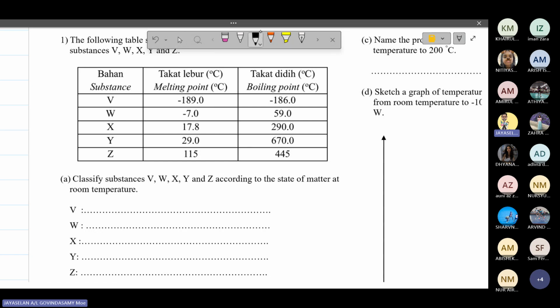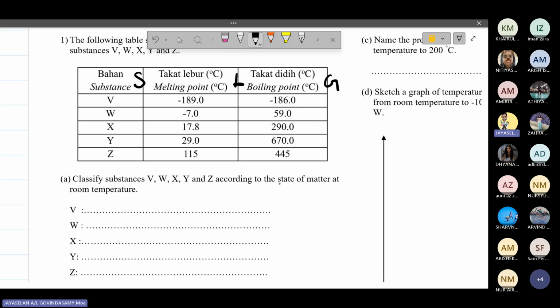So what is mean by melting point? Melting point means a constant temperature at which before melting particle in solid. After melting, the particle will be in liquid. Okay, what is mean by boiling point? A constant temperature at which liquid changes into gas.